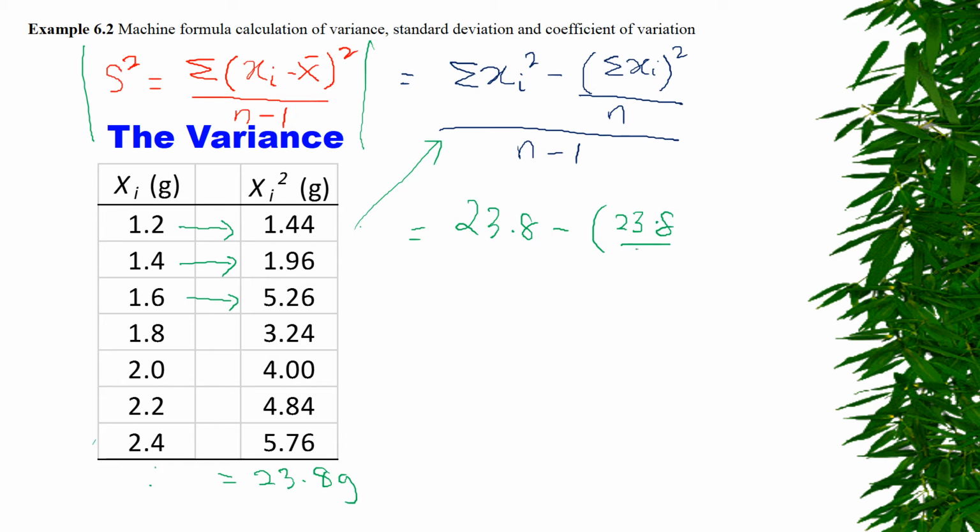N is 7 here, and straight away 7 minus 1. So you get s square, or sample variance, equal to 0.1867. So this is why this formula is called the working formula or machine formula.